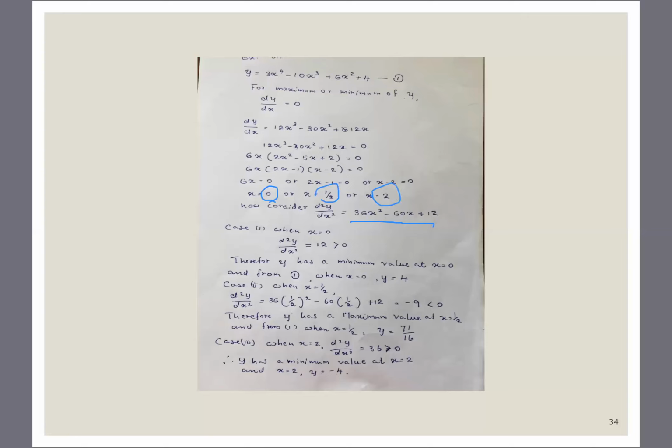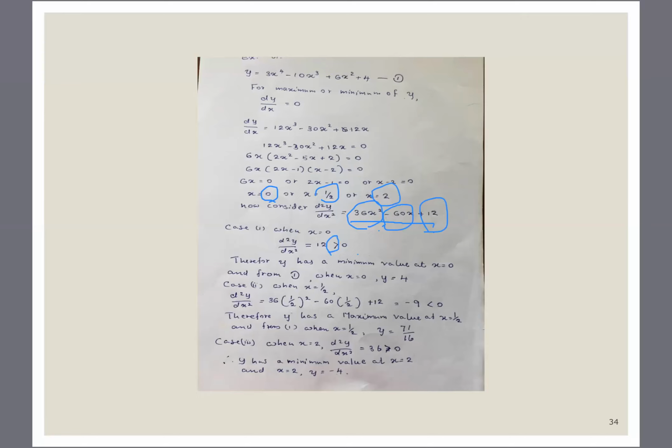When I apply 0 in the second derivative function, the first term becomes 0, the second term becomes 0, and finally only 12 remains. 12 means it is greater than 0. Therefore, we can recognize that when x equals 0, this function has a minimum value, because it is greater than 0.